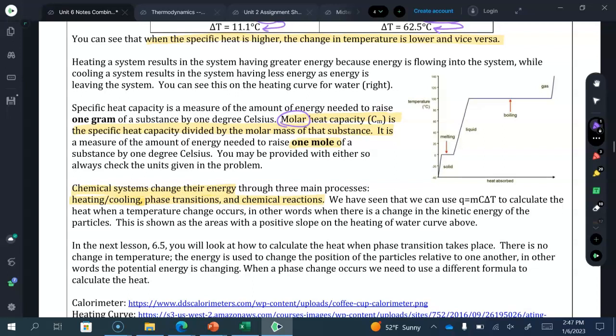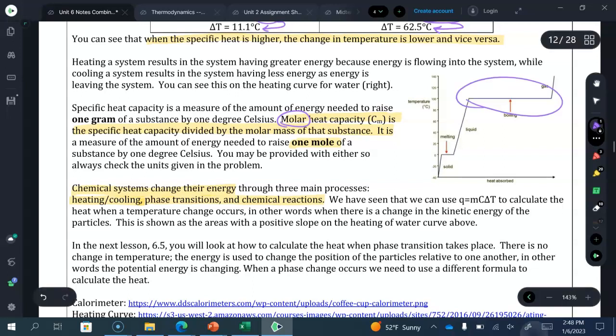It is usually grams, though if we're looking at phase changes, this usually is molar heat capacity, and then this one is the specific for heating a substance. I don't know exactly why that's the standard in these, but you tend to be given joules per mole degree Celsius in a phase change.